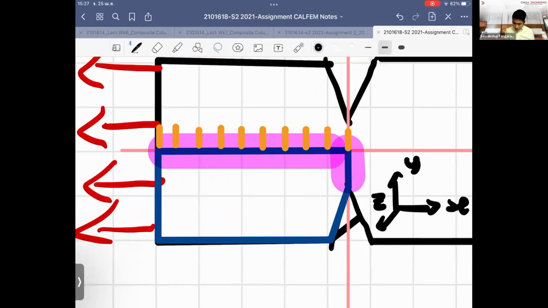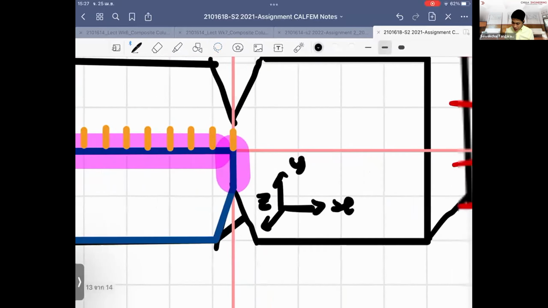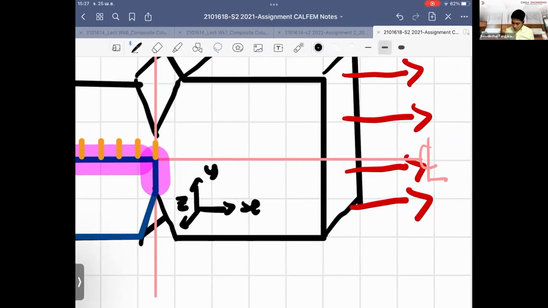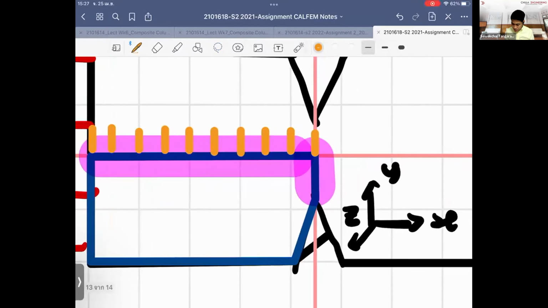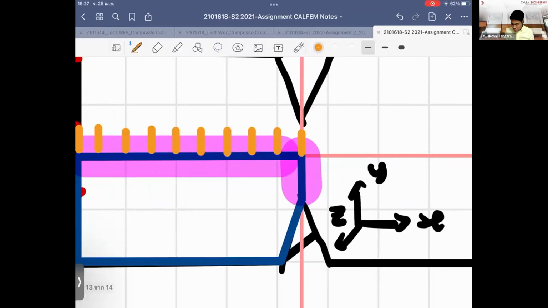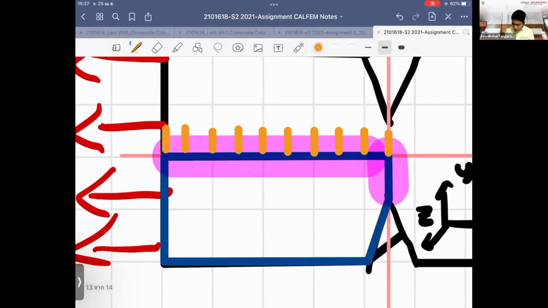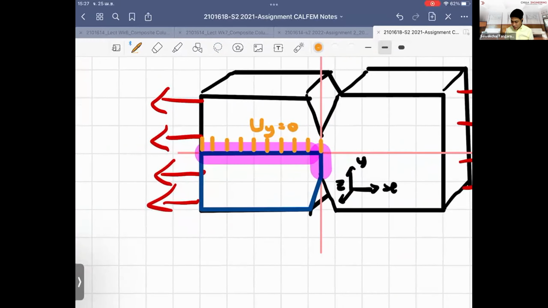So I'm saying that along the symmetry line over the x-axis, the displacement along this line here is equal to 0, based on the boundary condition we know.